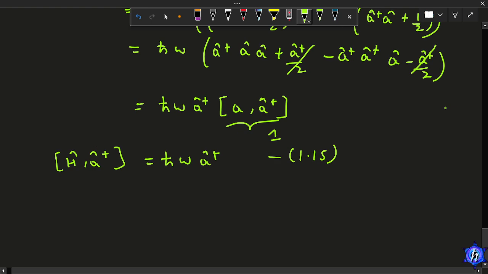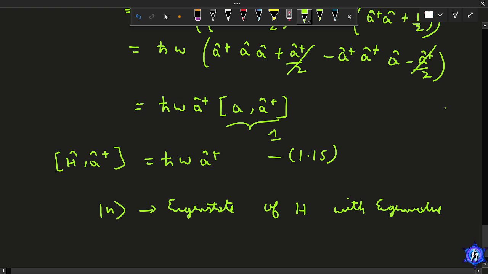So this relation implies that if |n⟩ is an eigenstate of H with eigenvalue E_n, I assume you're already familiar with what an eigenstate and eigenvalue are, I can write H|n⟩ = E_n|n⟩.